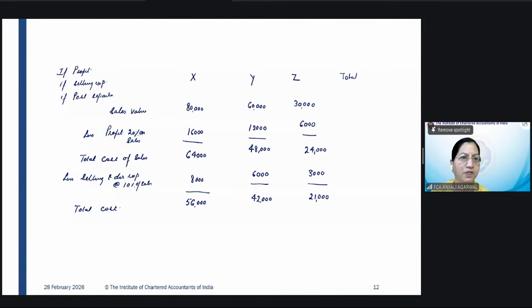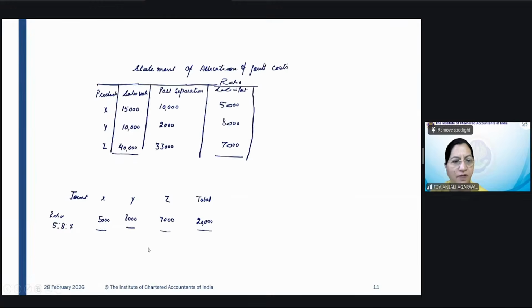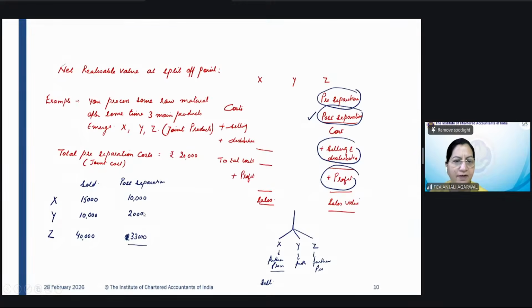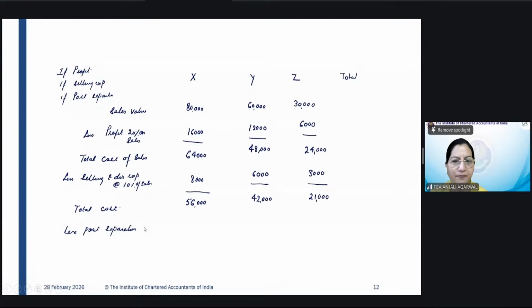Then you have the information of, let's say, post-separation expenses also. So you will subtract post-separation expenses. I'll pick up this from here only. Post-separation, 10, 2, and 33. That will give a loss to product B. Let's change that. So less post-separation expenses.